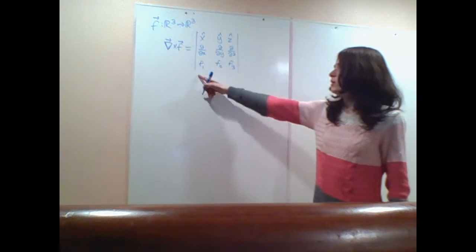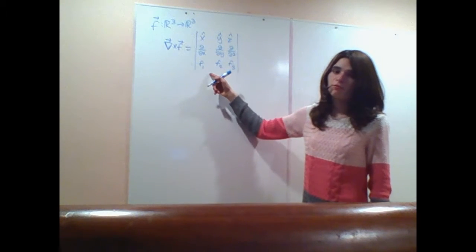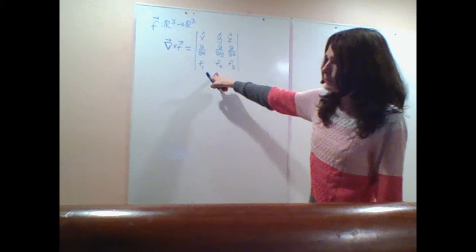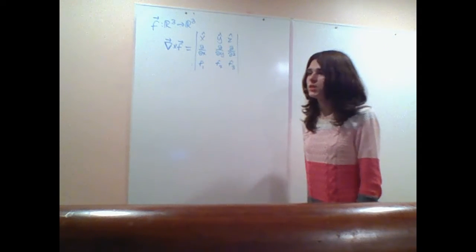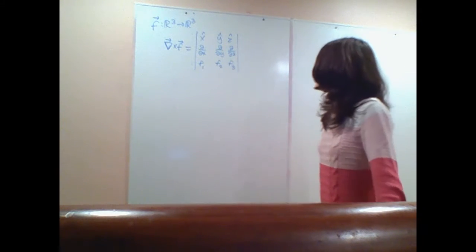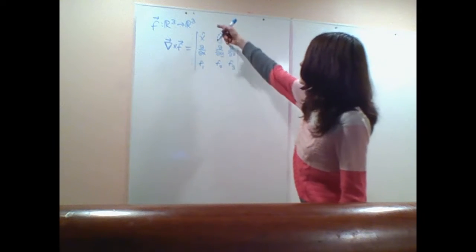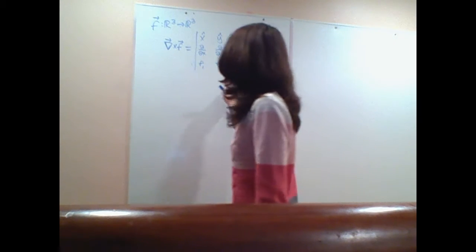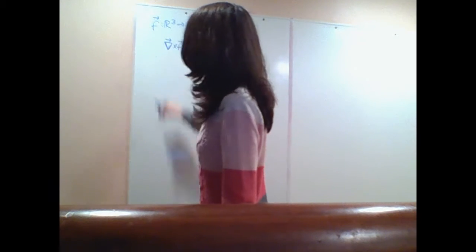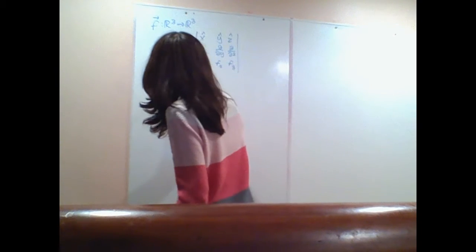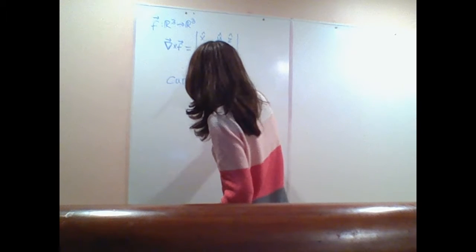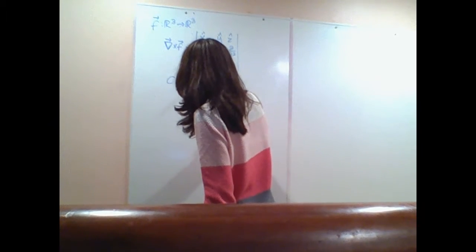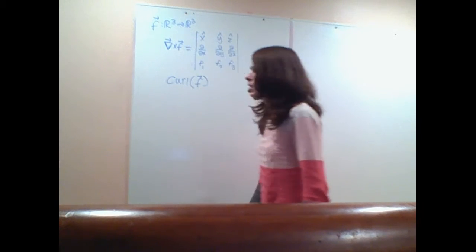So f sub 1 is the x component of f, f sub 2 is the y component of f, and f sub 3 is the z component of f. So you take this, and this will give you your cross product. Well, not the cross product. This will give you the curl. So you can also write it like this. It's the curl of a vector field, F. But what is the curl?